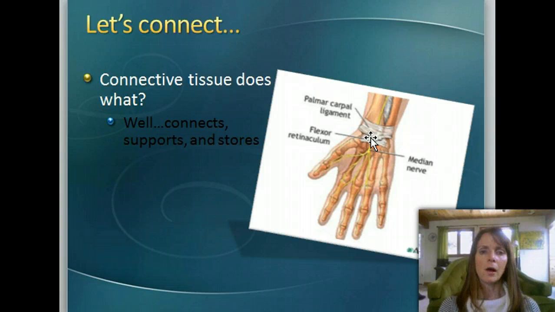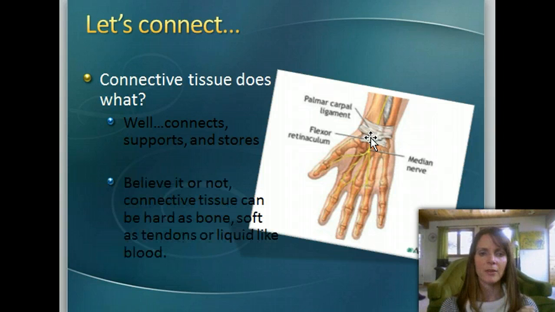You can see that a lot of connective tissue is going to connect different parts of the body and hold them together, okay? Believe it or not, connective tissue can be hard as bone, or soft as tendons, or liquid like blood. So it's interesting that with connective tissue, you have cartilage, what we call hyaline cartilage, that's in your knees and in some of your joints and starts to break down over time, and we call that arthritis.